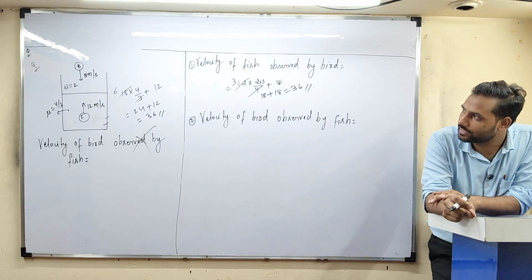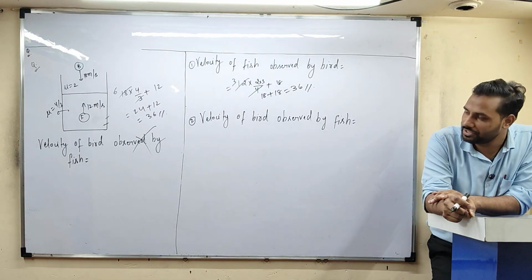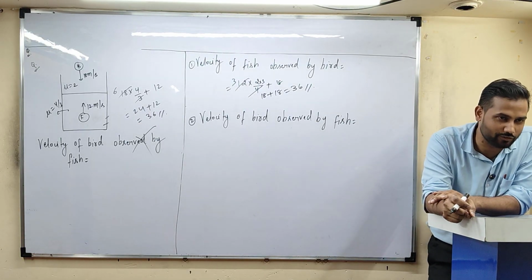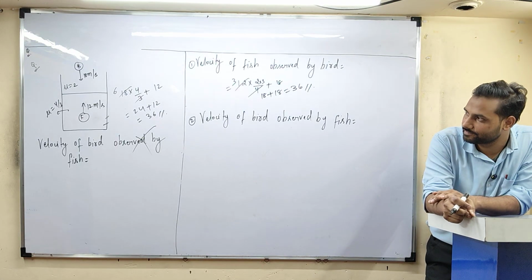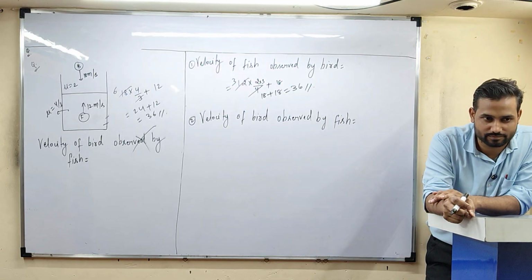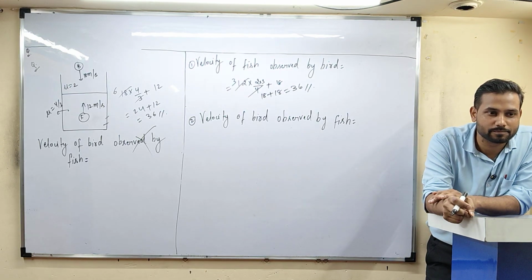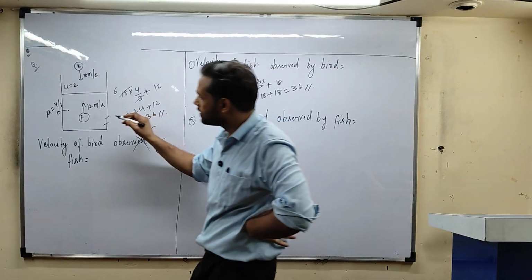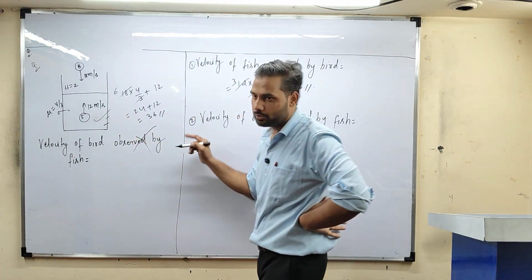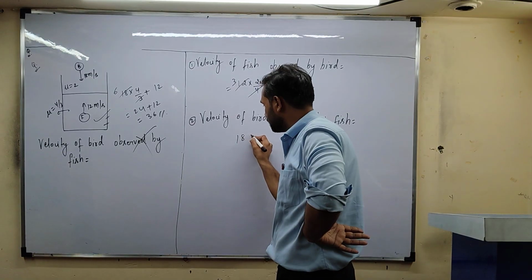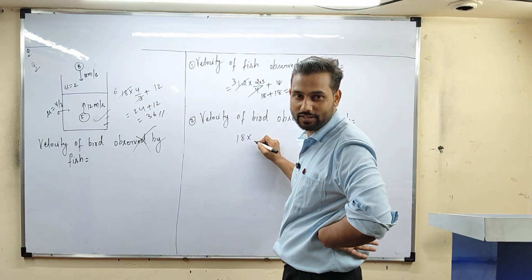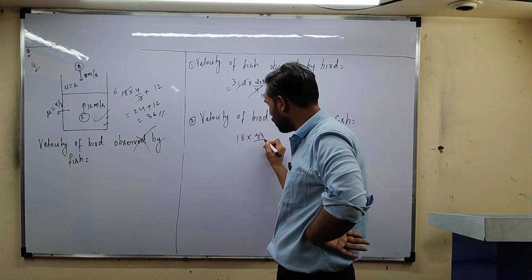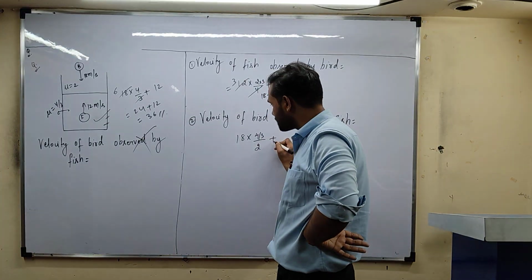If fish is the observer, then what will you do? How will you write the equation? If fish is the observer in this scenario, just the opposite one. 18 into, after this, 4 by 3 upon 2 plus 12.